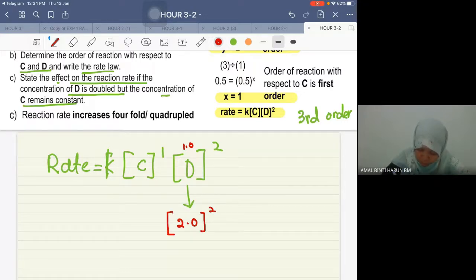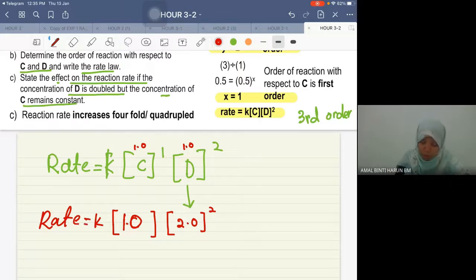Okay. Lepas tu, double and the concentration of C remain constant. Ini tak berubah. So ini 1 molar, ini pun 1 molar juga. Okay, so keluarkan dia jadi, keluarkan lah.